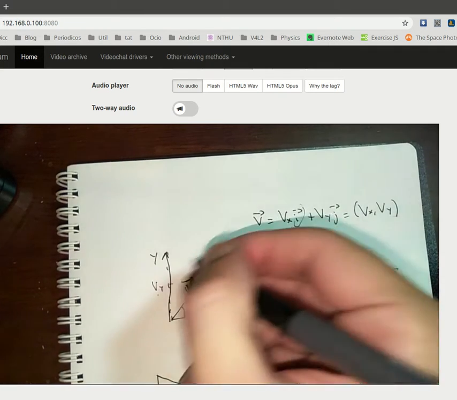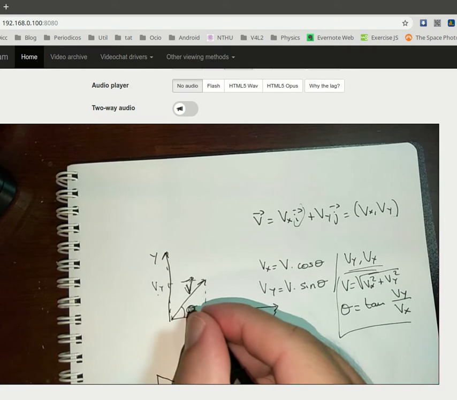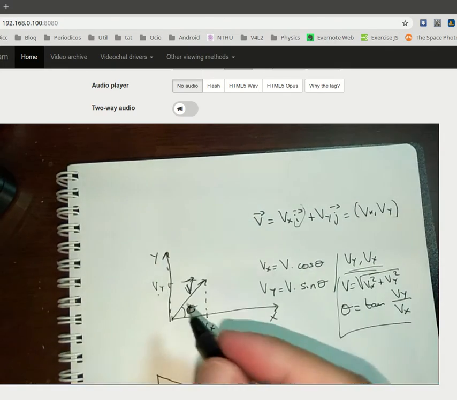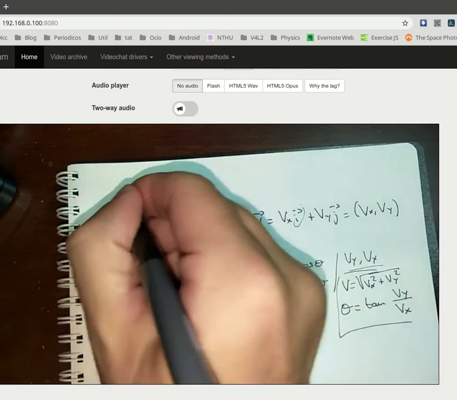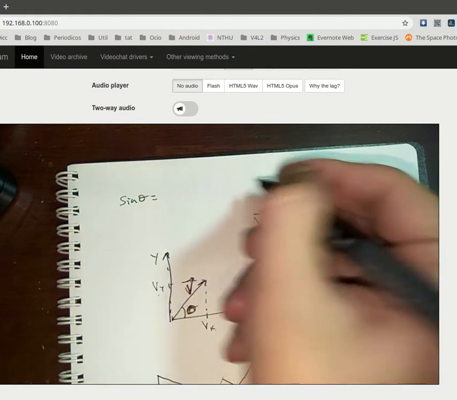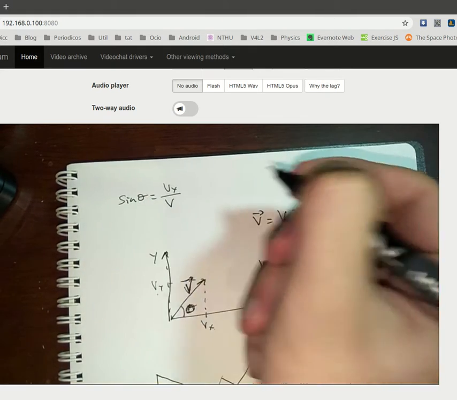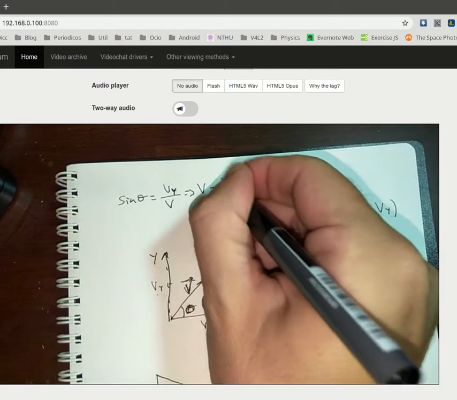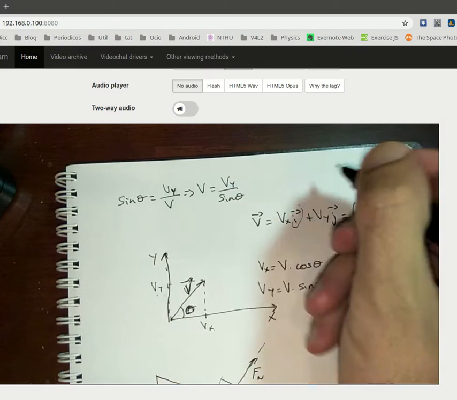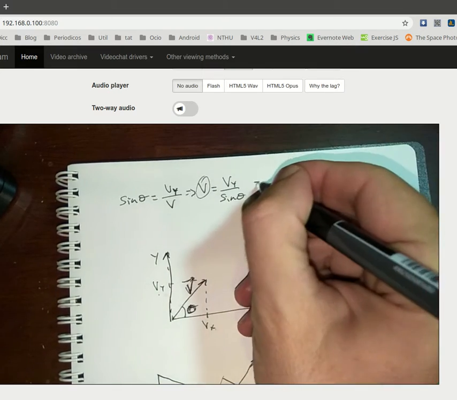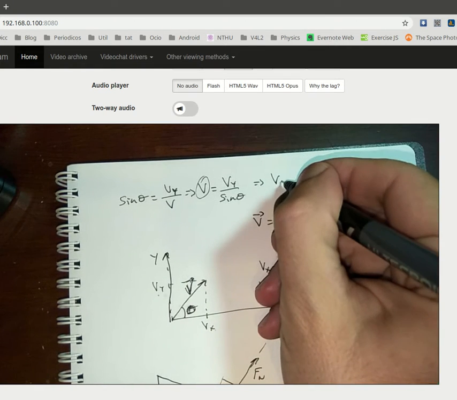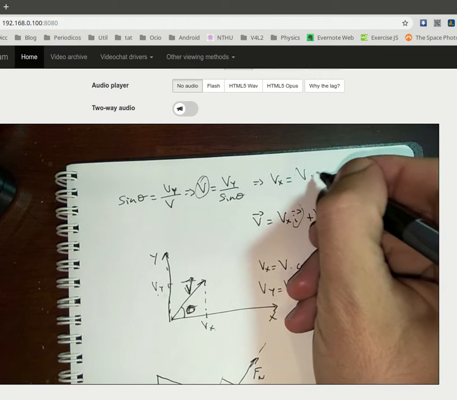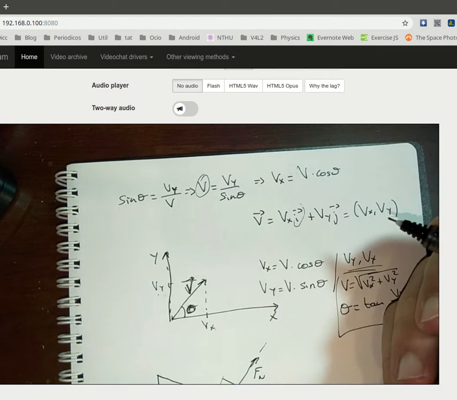If they give you vy and the angle, you know that the sine of theta is equal to vy over v, so v equals vy over sine of theta. Then here you get v, and then you know that vx is v cosine of theta. So it's always like that.